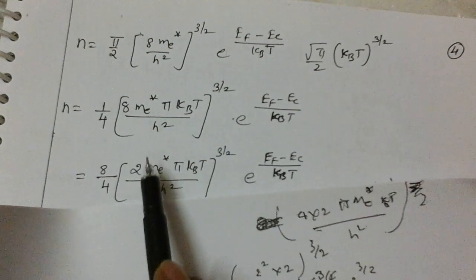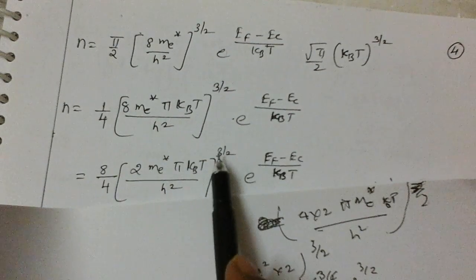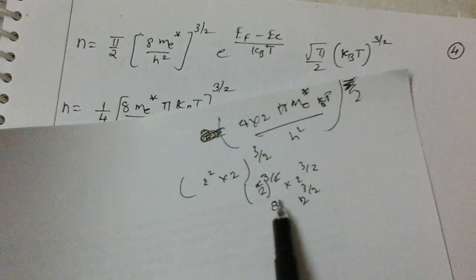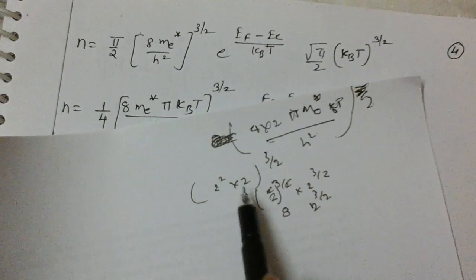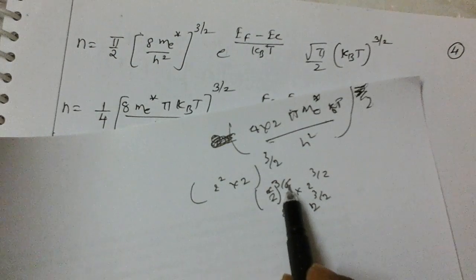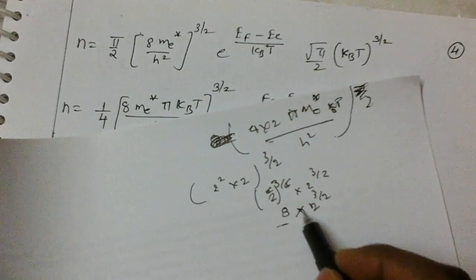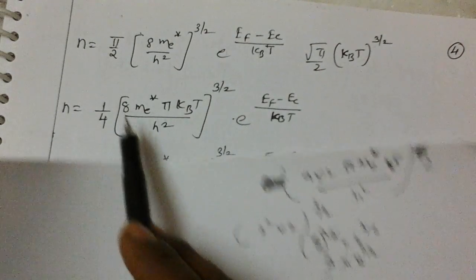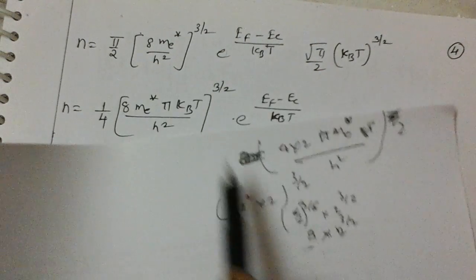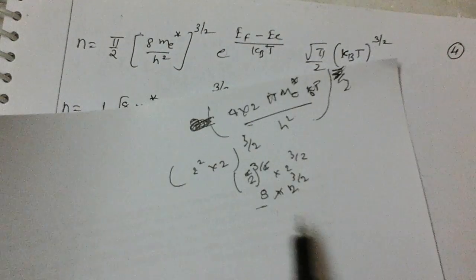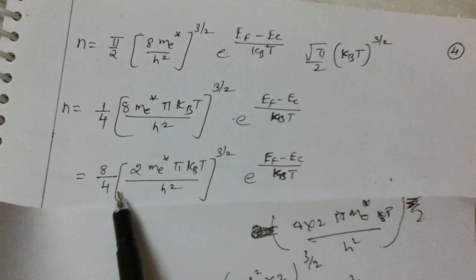So this 8 I am writing outside the powers, and this 2 I am writing here, this 2 gets cancelled. So 2 power 3 by 2 power 3 by 2, so 8 into 2 power 3 by 2. The 2 power 3 by 2 I am writing inside, which is 8 only, and that I am writing outside. 8 by 4 we are getting.